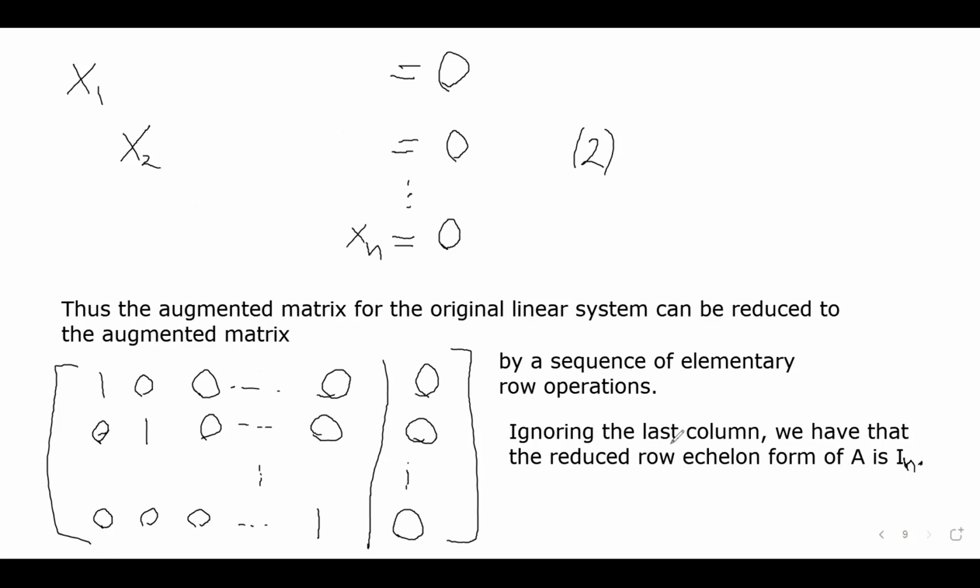To the left of this vertical line, the reduced echelon form of A is the n by n identity matrix. These ones are on the main diagonal. So this is an n by n identity matrix. Okay, and so that's the proof that B implies C.